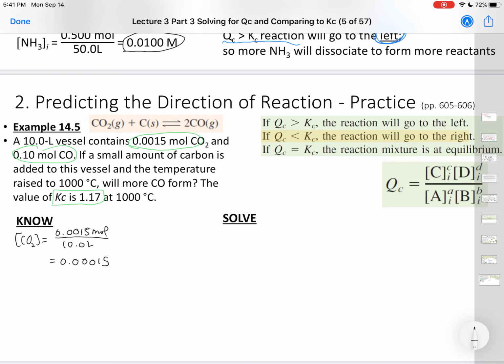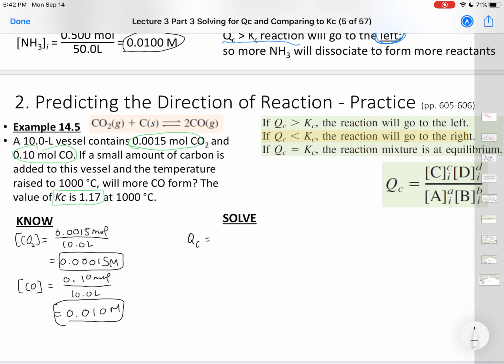And then you have the concentration of CO, which is 0.1 moles over 10 liters. And again, you just move the decimal point, so it becomes 0.01 capital M.